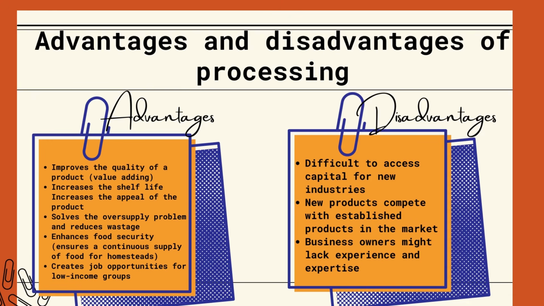Now, as a producer, there will be a difficulty to access capital for new industries, and also new products may compete with existing or well-established products that are already in the market. And sometimes the business owners may lack experience and expertise when it comes to the product they are processing.